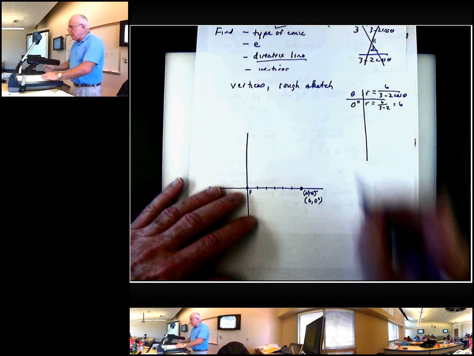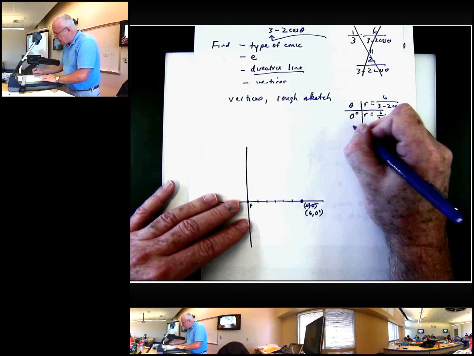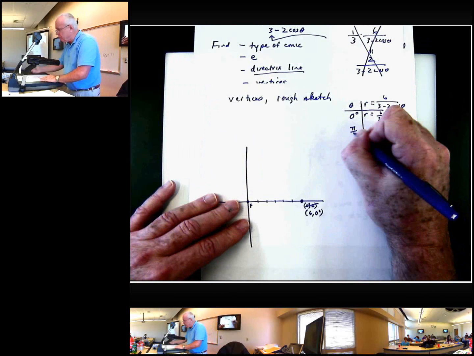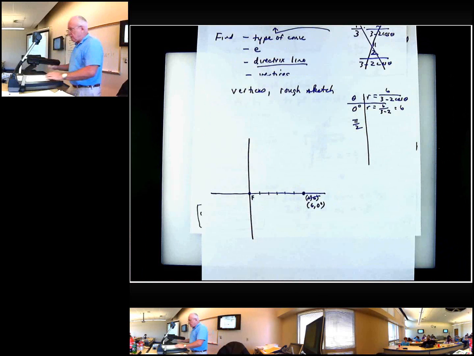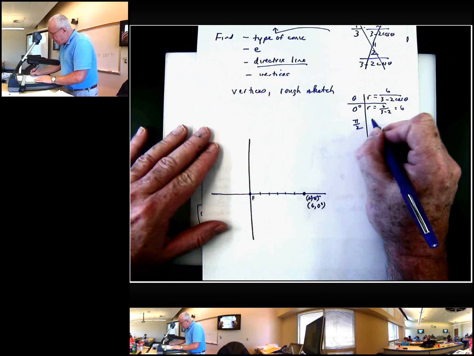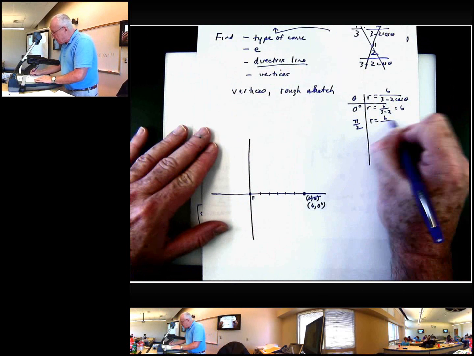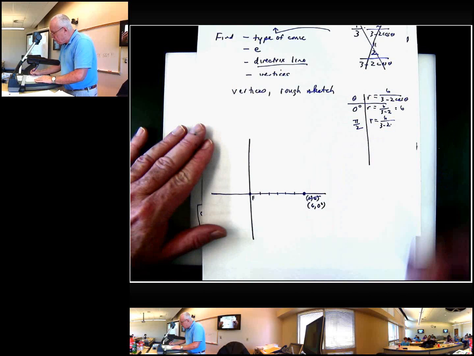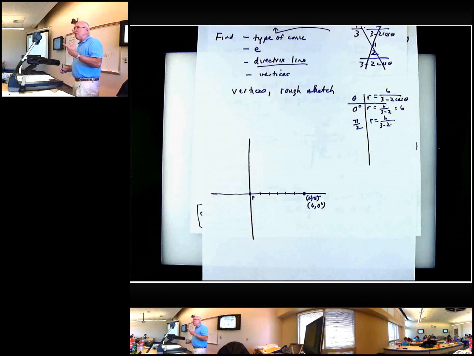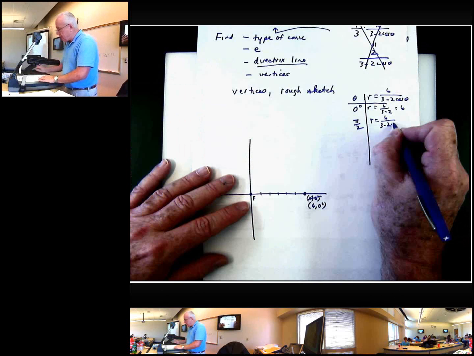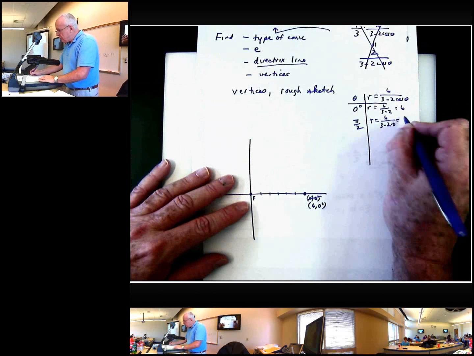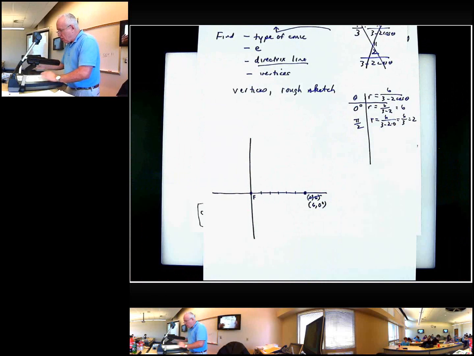All right, for another one now, let's just go all the way to pi over 2, 90 degrees. So for 90 degrees, R is equal to 6/(3 - 2 cos 90°). Now the cosine of 90 degrees is 0, so minus 2 times 0. This is 6/3, so my R is equal to 2.